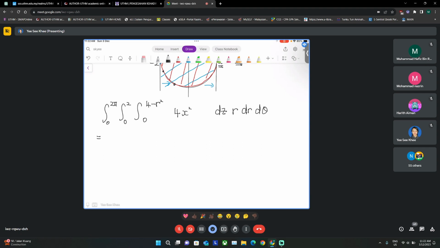So the next step, of course, you have to convert this. You don't want to see the x because you want to solve using r and theta. So x, you're going to change it to r cos theta.